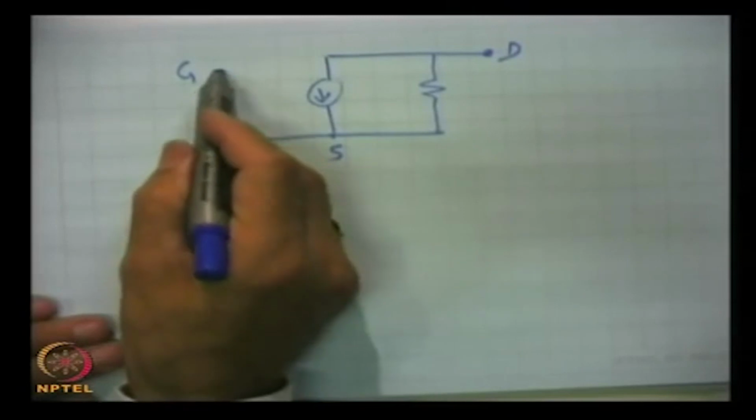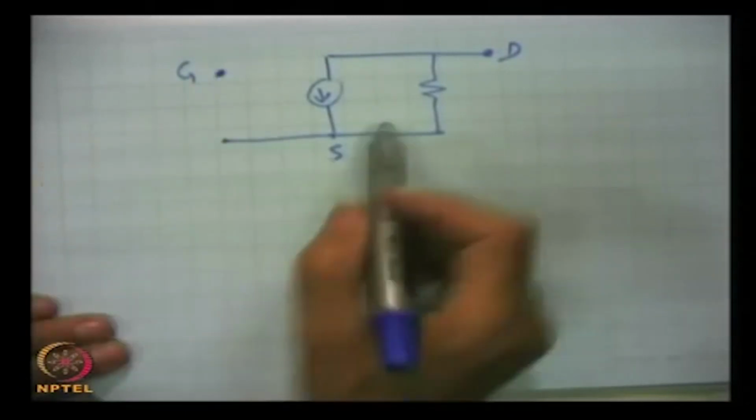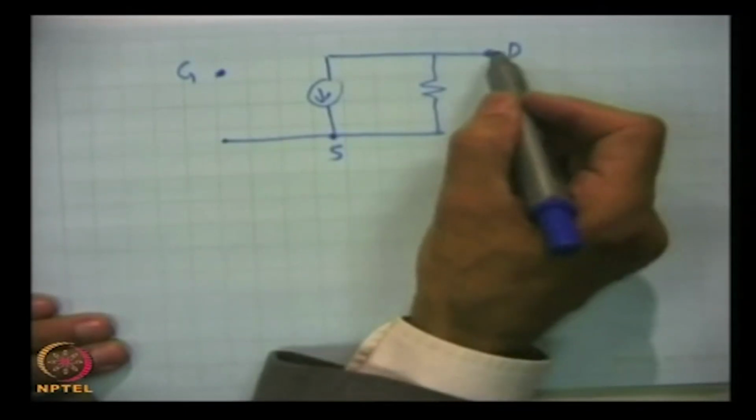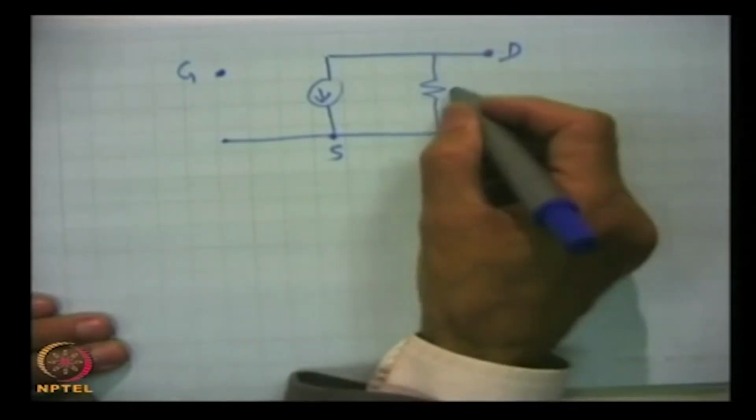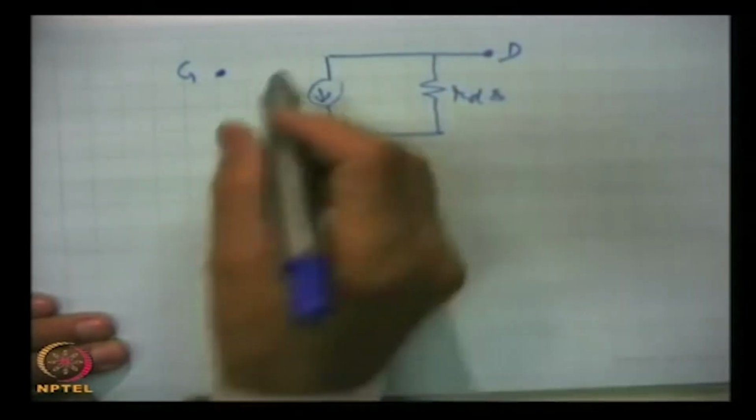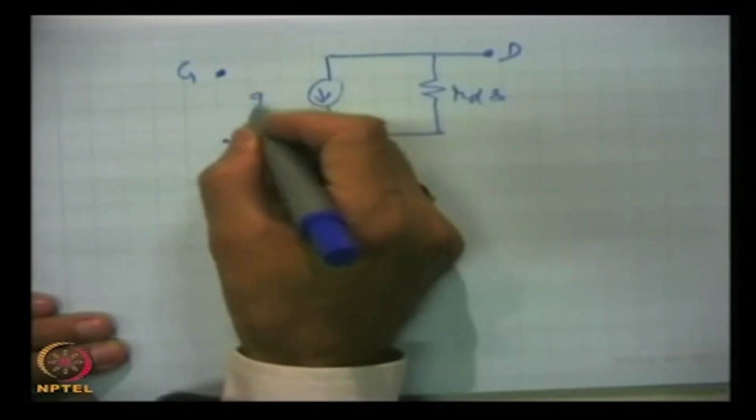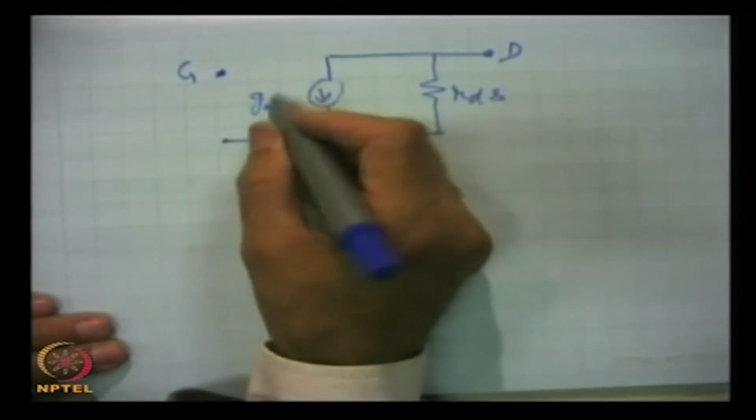This is the gate terminal, this is the source, and this is the drain, and this is RDS, and this is the current source.